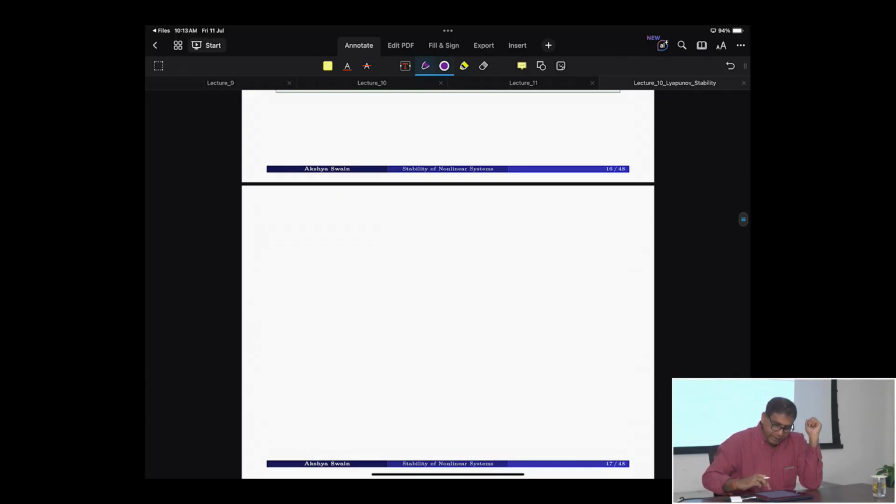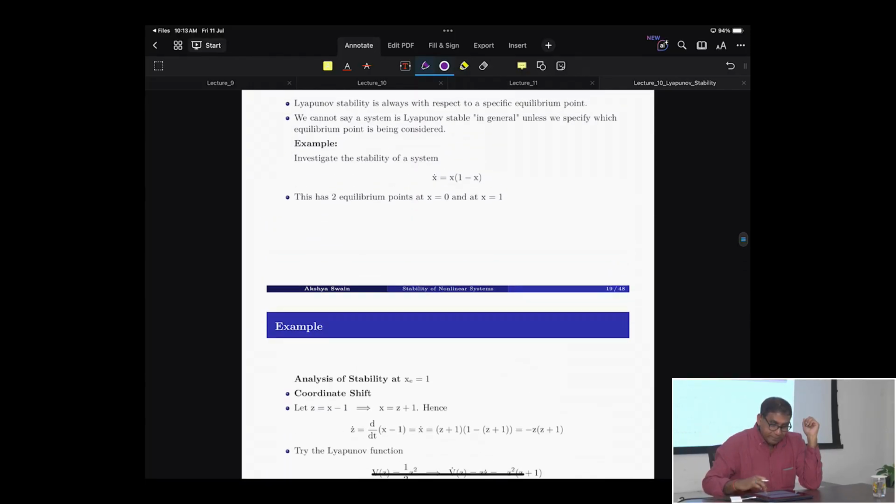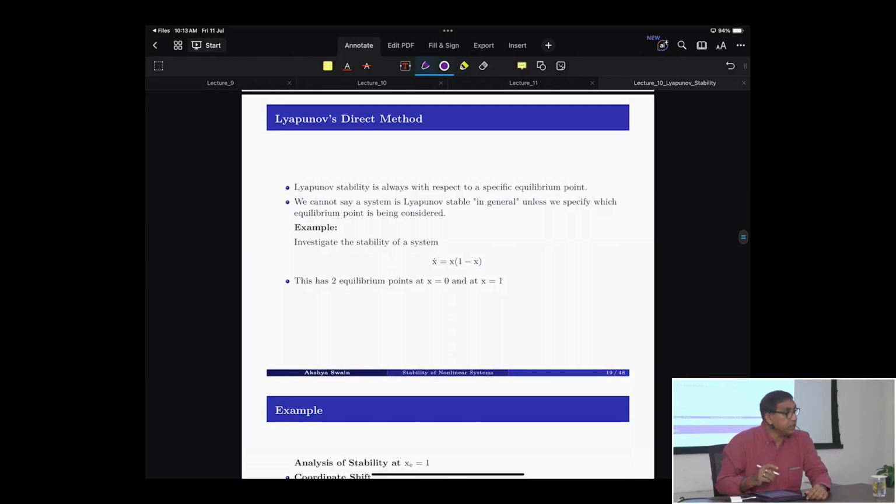So here you see, I will pass on to you, all examples are here. This point is important. Lyapunov stability is always with respect to a specific equilibrium point. It is not, as I told you yesterday, for all equilibrium points, but a specific equilibrium point. So the equilibrium point where you want to study the stability, first transform that equilibrium point to the origin.